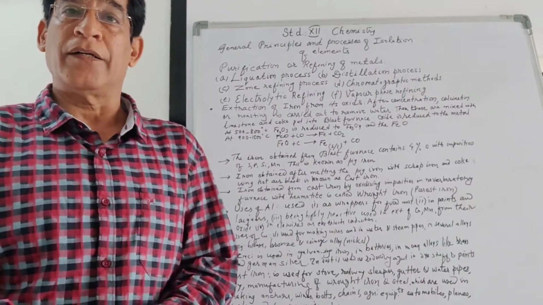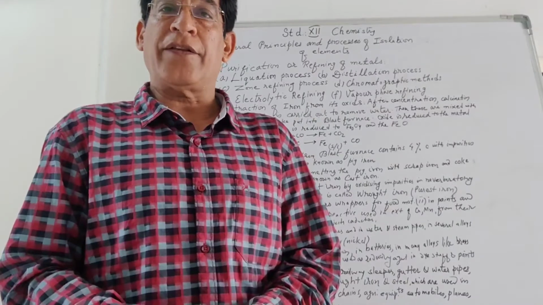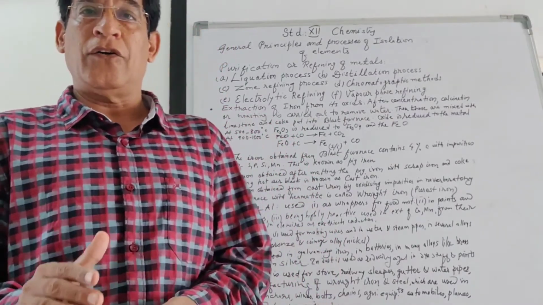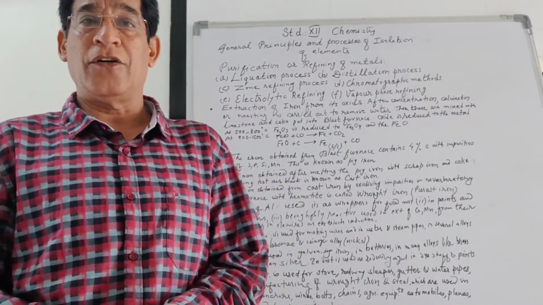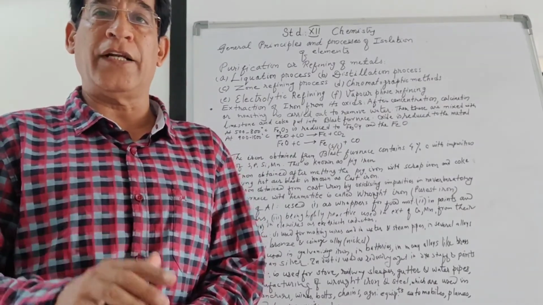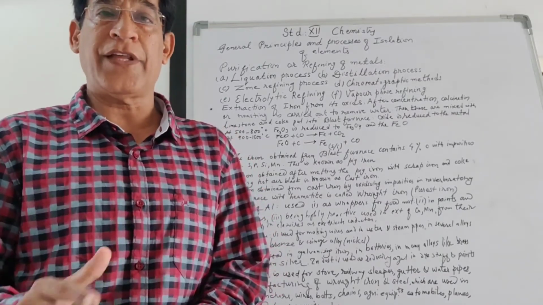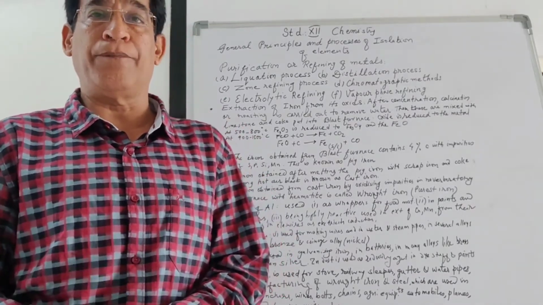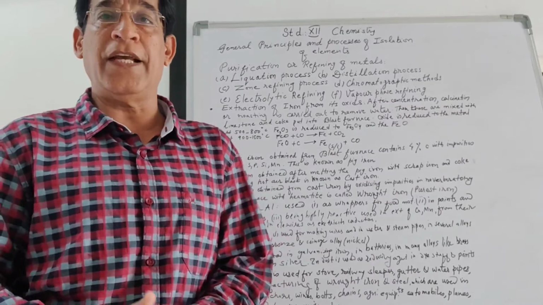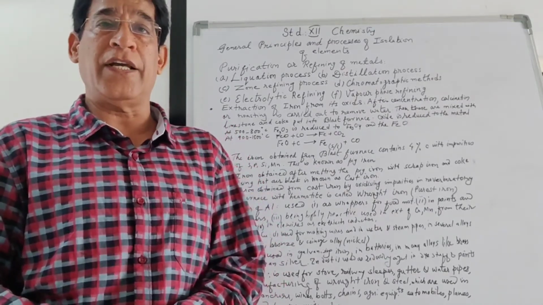So, two requirements are essential for vapor phase refining. First, the metal should form a volatile compound with an available reagent, and second, the volatile compound should be easily decomposable so that the recovery is easy.